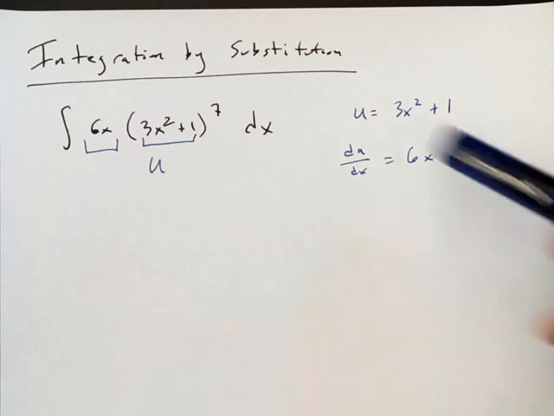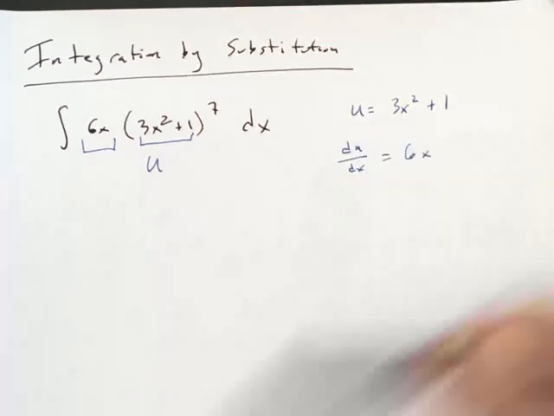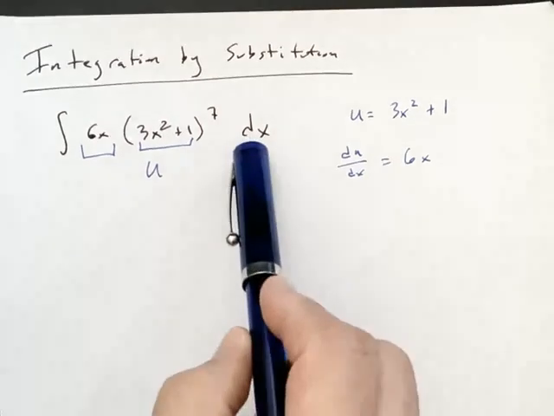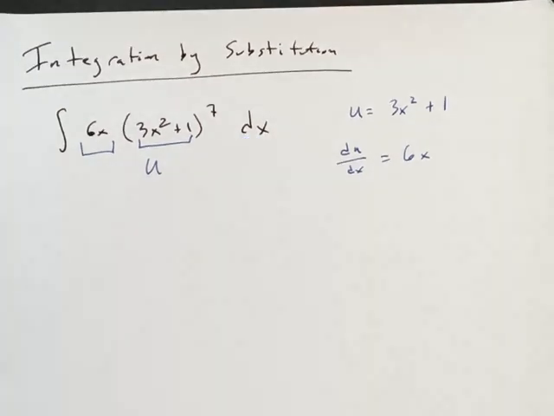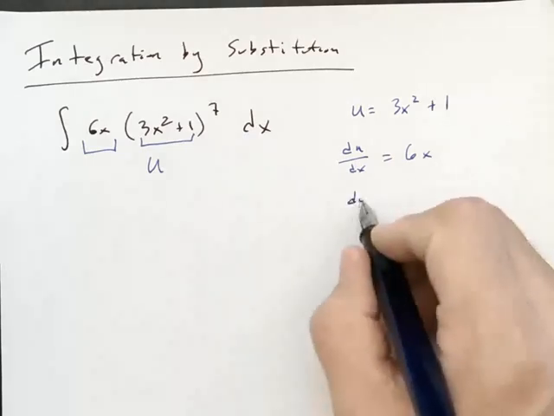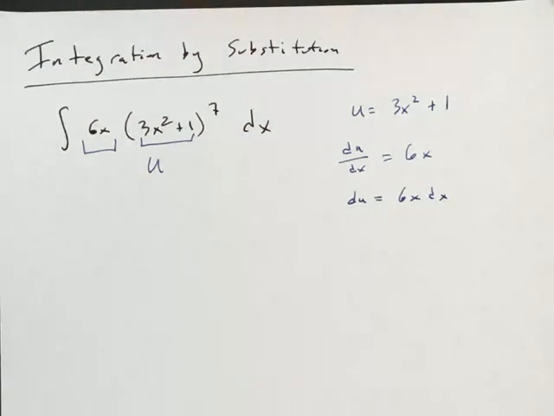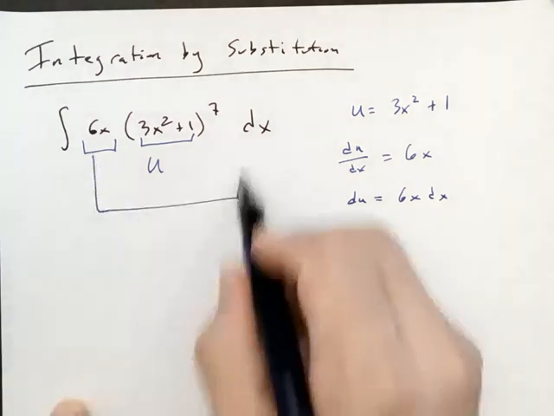So to that end, I'm going to go over here. And I'm going to take these two pieces and treat them like differentials. Because that's what this is. That's a differential. And I'm going to move this dx over to be with the 6x. And now I have related the differential du to the differential dx, and that means I could take these two pieces together.